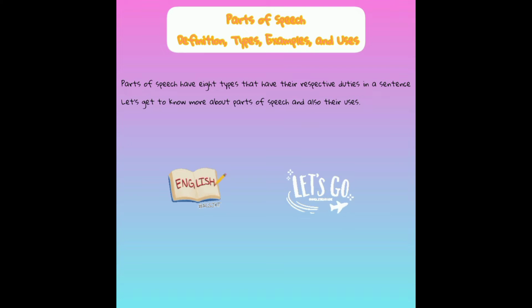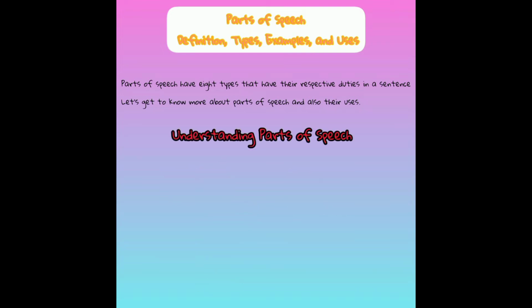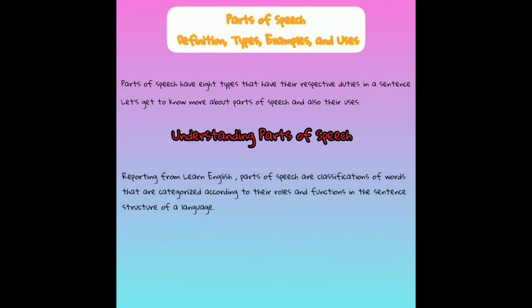Parts of speech have 8 types that have their respective duties in a sentence. Let's get to know more about parts of speech and also their uses. Understanding parts of speech. Parts of speech are a classification of words that are categorized according to their roles and function in the sentence structure of a language.